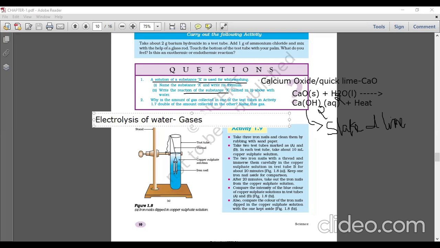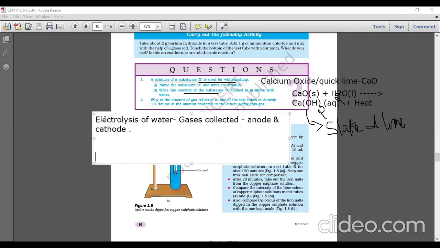You watch the video also, please. Where are the gases collected? One gas is collected at the anode, and another gas at the cathode. Now he's asking why one gas is double the other. Suppose you write the chemical reaction. We are taking water, so the formula is H2O.